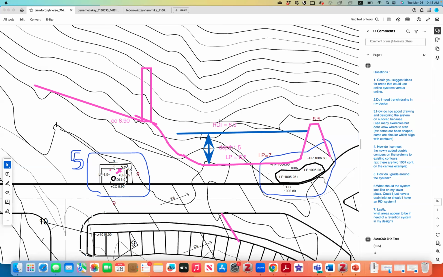Yeah, in retention areas, you only draw the contours and note the RDIs, note the LPs, note the high points. And bioretention is green retention areas versus retention areas are just like concrete, like cement. This is the green area. Yeah, this will be vegetated. Okay. All right. So that's basically it.